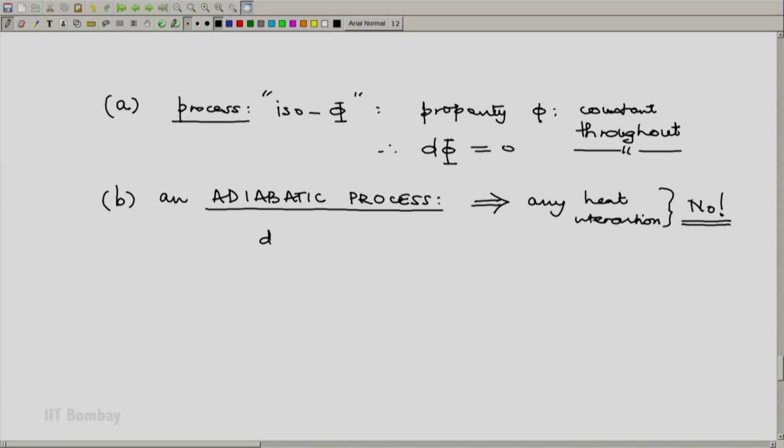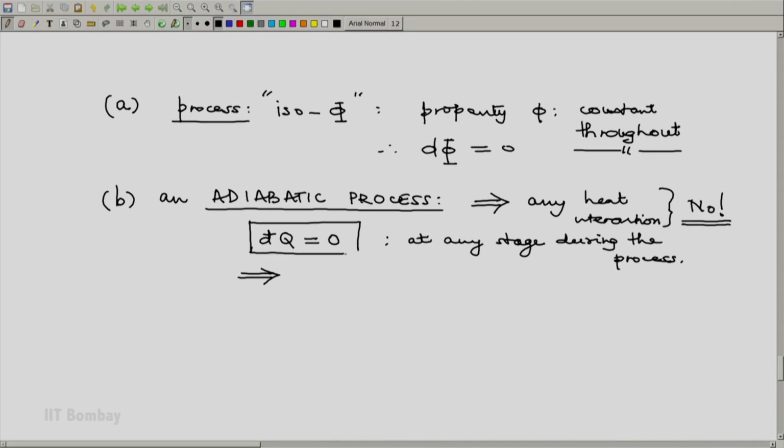That means dq at any stage during the process is 0, and this is the basic definition. The first consequence is that the heat transfer to or from the system is 0.